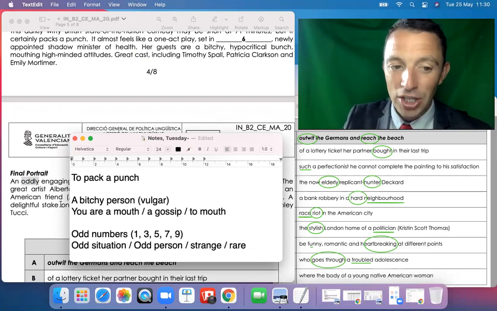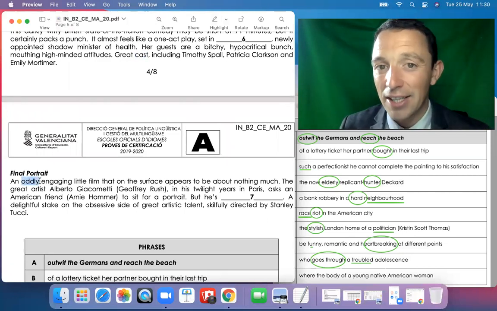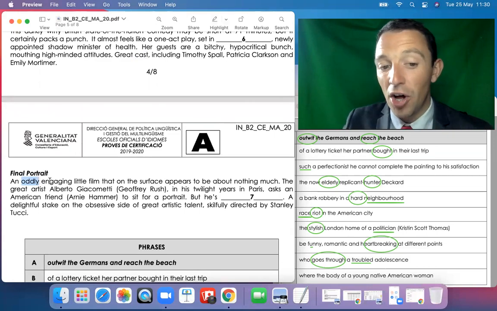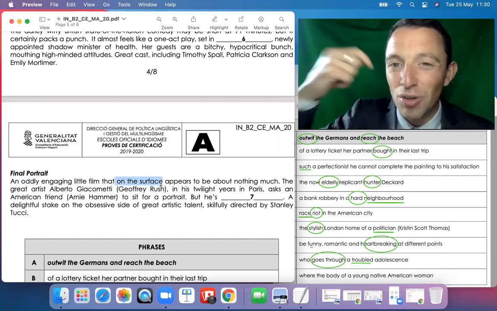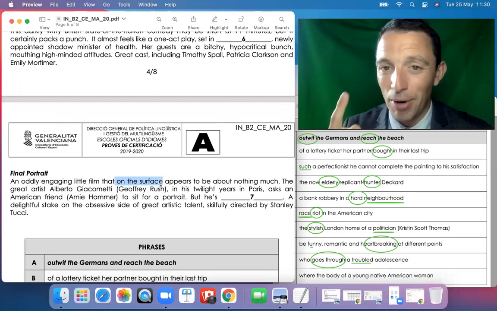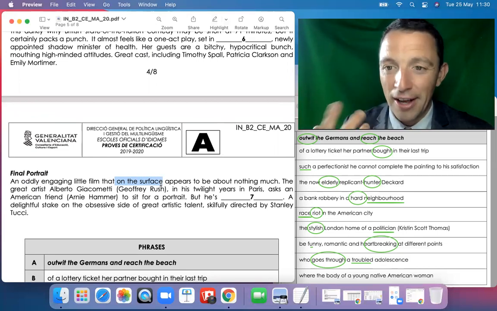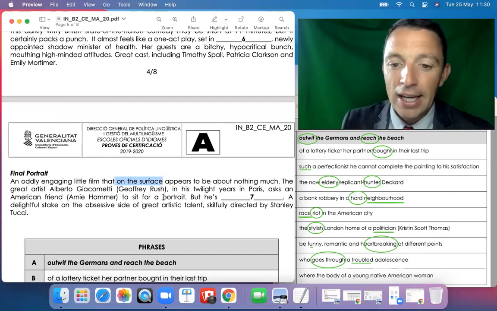And in this situation, it's like rare. Engaging is like interactive. So a strange, interactive little film. On the surface means your first impression. On the surface, it looks very good, but when you continue to watch, maybe it's very, very bad.